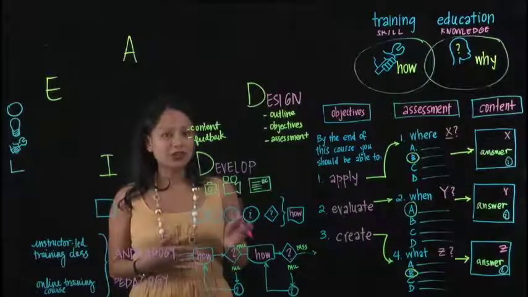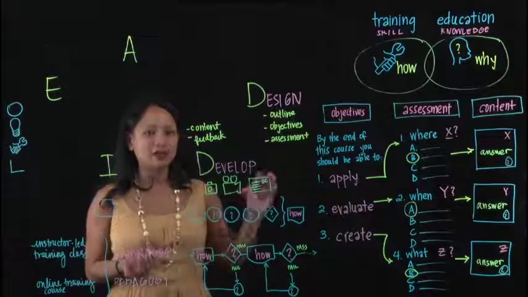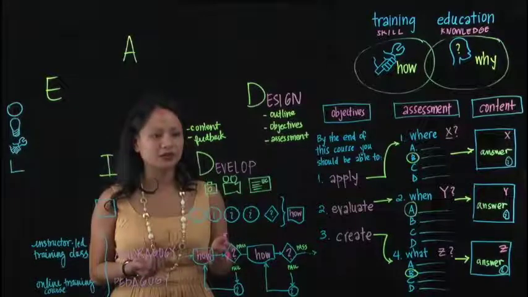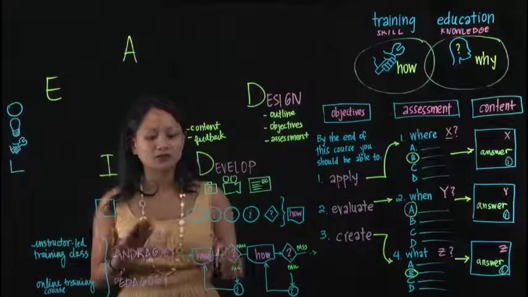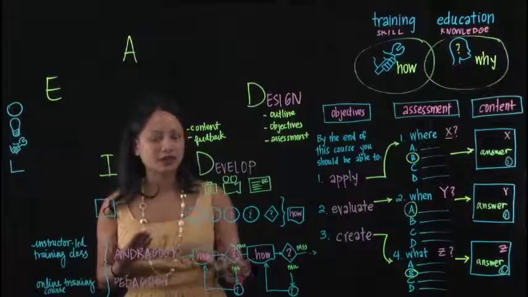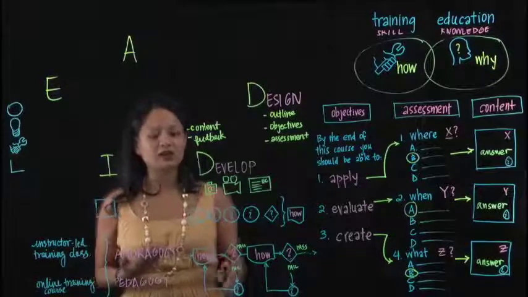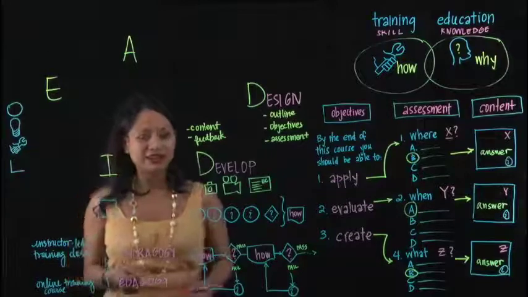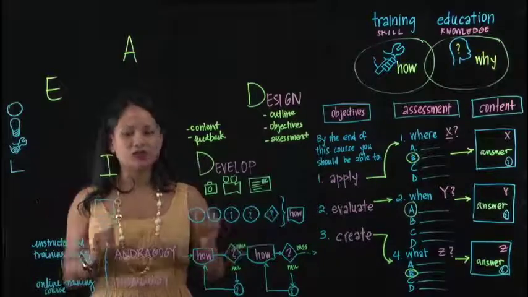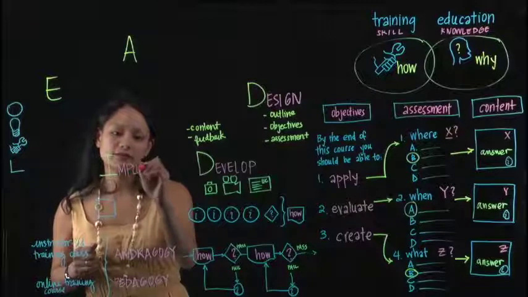So after you've designed your course, hopefully using the backwards design process, and after you've developed your training materials, using this process of assembly that incorporates focusing on skills and scenarios and giving people information only after they have not successfully passed your assessment, then you can go ahead and do the next phase of instructional design, which is to implement.